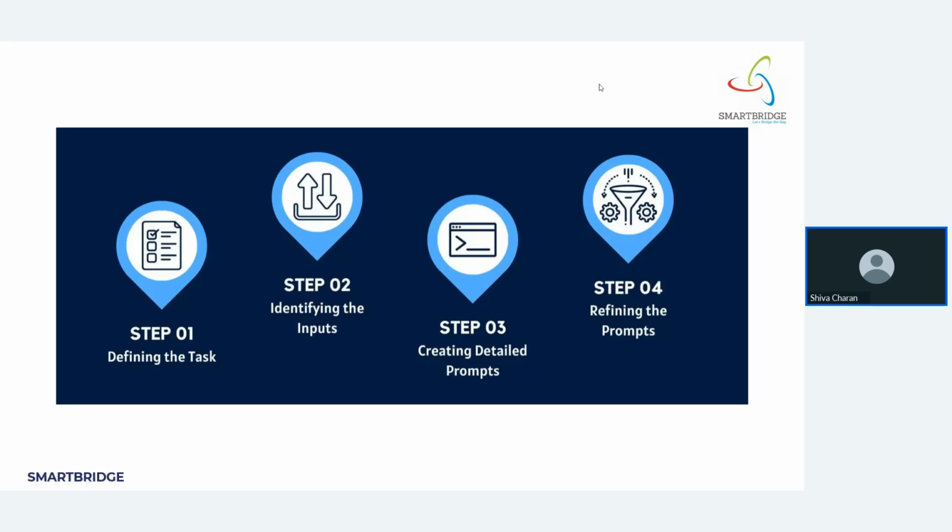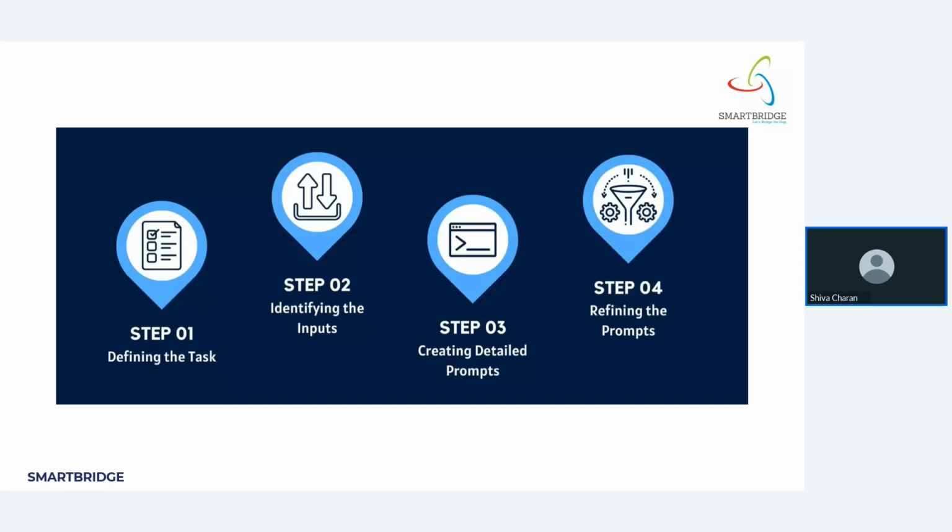So what are the steps again? Define the task, identify the inputs, create a detailed prompt, and refine the prompt. Whatever query you are asking, we need to define that particular task, and then what kind of inputs you are giving.